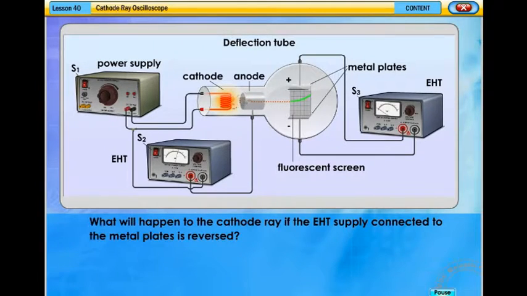What will happen to the cathode ray if the EHT supply connected to the metal plates is reversed?